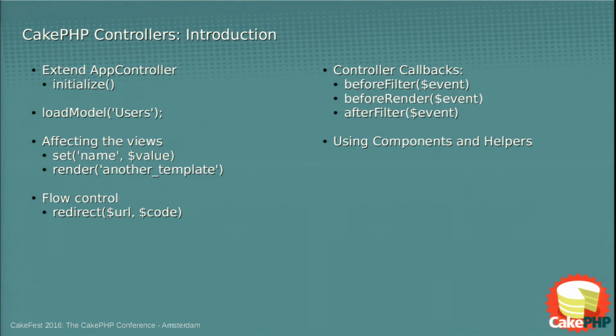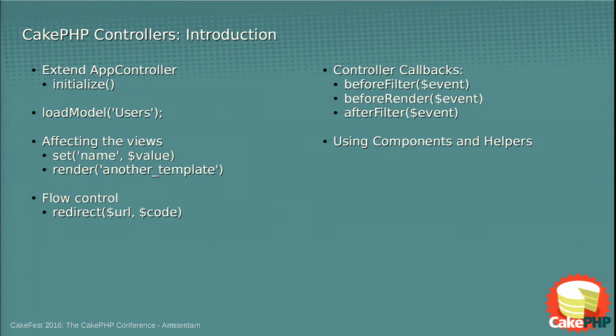We have a loadModel function that we can use to get a reference, read the table class and also create a pointer to it in the current context. We can affect the views using set or render. We already used render to render nothing. And we can change the flow control using redirect.